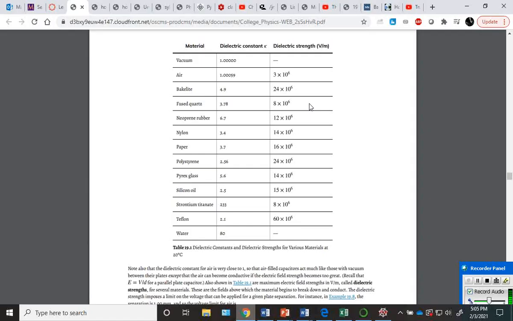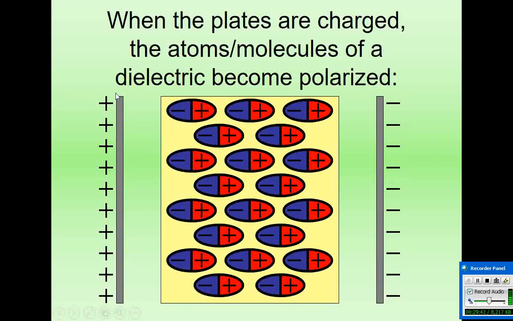What does a dielectric do? If I have two equal but oppositely charged plates, and you can see on the left-hand side I have a positively charged plate, and on the right-hand side I have a negatively charged plate, in between these plates I place my dielectric material. Now, the dielectric material is made up of atoms or molecules.